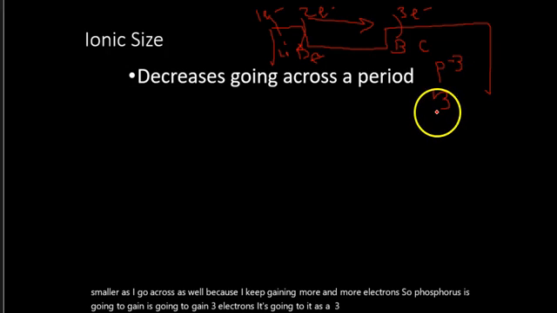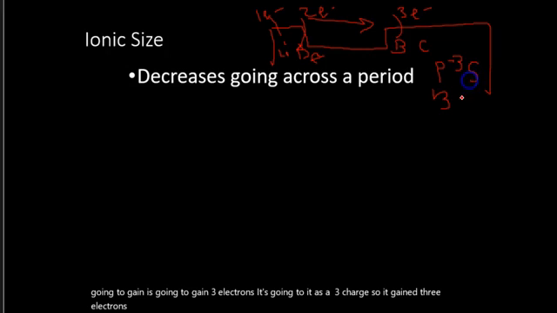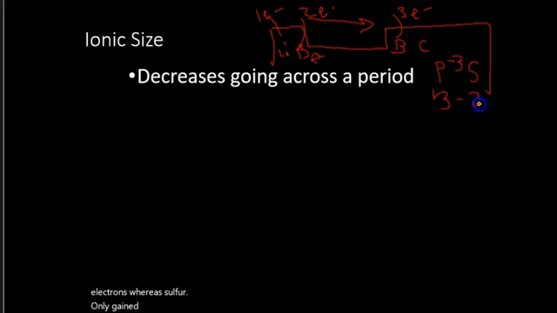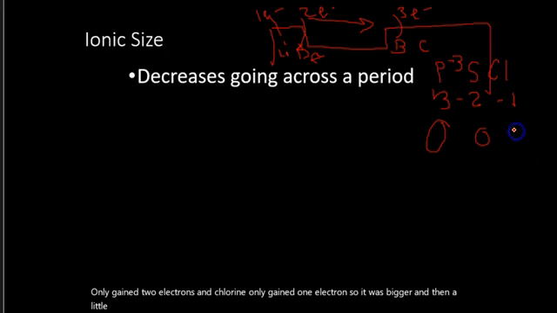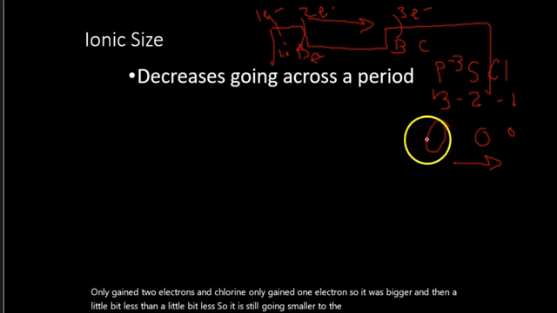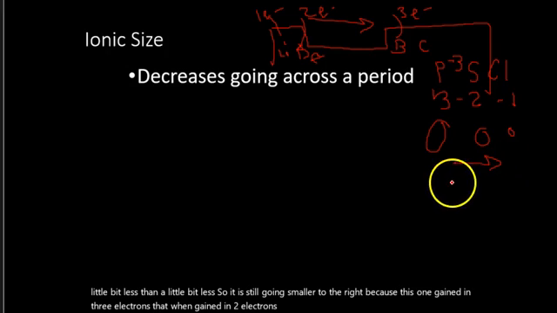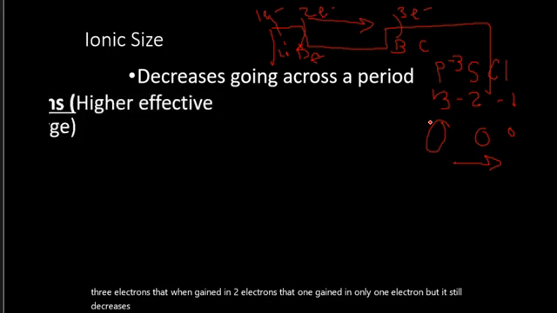So it gained 3 electrons, whereas sulfur only gained 2 electrons, and chlorine only gained 1 electron. So it was bigger and then a little bit less and a little bit less. It is still getting smaller to the right because this one gained 3 electrons, that one gained 2 electrons, that one gained only 1 electron. But it still decreases as I go to the right.